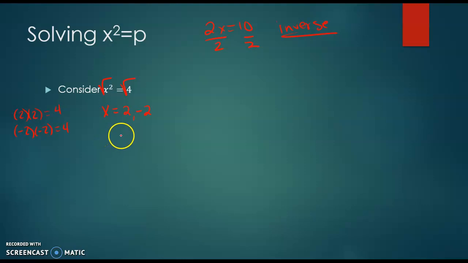The other way we could write it is that it is the positive and negative 2. That tells me there's a positive version and a negative version of this number. Now, again, why? Because both 2 times 2 and negative 2 times negative 2 give us that 4. So we need to list both answers. Why, up until now, have we always just said square root of 4 is 2?